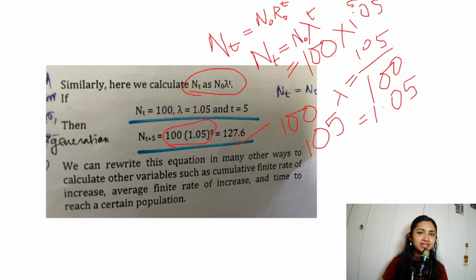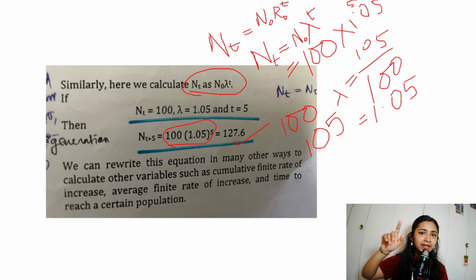But by using lambda, it gives you the finite rate of increase by just dividing the number of individuals in the next year by the number of individuals in the previous year. You had the initial number, 100, and you knew it grows at 5% per year. So the next year it will be 105. So 105 divided by 100, you took out lambda.